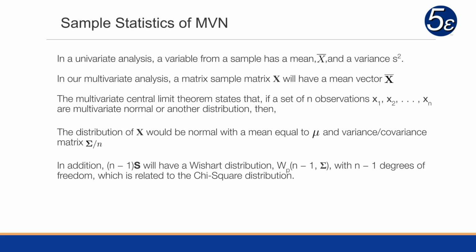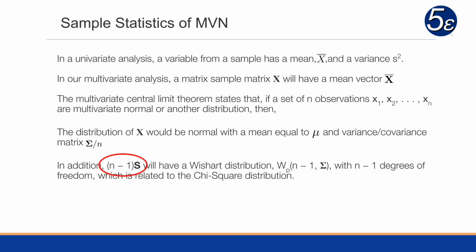In univariate analysis, a variable has a mean of x bar and a variance of s squared. In our multivariate analysis, a matrix sample x will have a mean vector of x bar. So this is a vector of means. The multivariate central limit theorem states that if a set of n observations are multivariate normal, or another distribution, then the distribution of x bar will be multivariate normal with a mean equivalent to mu and a covariance matrix of sigma divided by n.